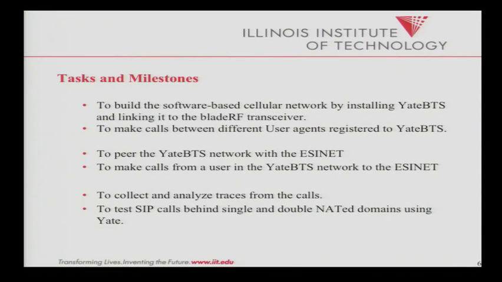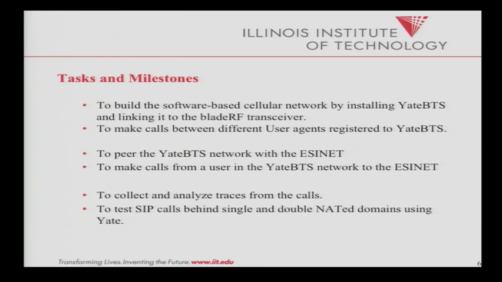So our tasks and milestones are as follows. First, we built the software-based cellular network, and we did this by installing YBTS and linking it to the Blade RF transceiver. Then we made calls between different user agents that are registered on the YBTS network.